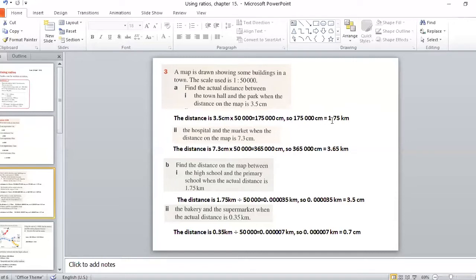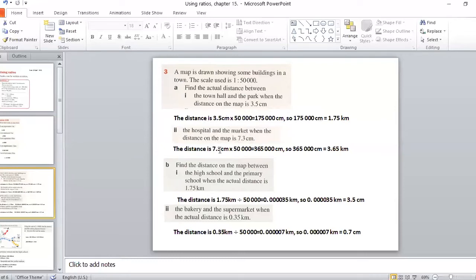Pay attention to the way the decimal point is moved. 5 zeros, 5 steps: we move the decimal point from the right-hand side to the left-hand side. 1, 2, 3, 4, 5. 1.75 kilometers. Part ii asks you to find the actual distance between the hospital and the market when the distance on the map is 7.3 centimeters.